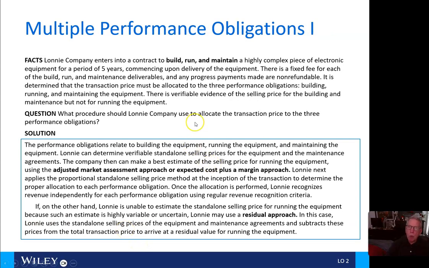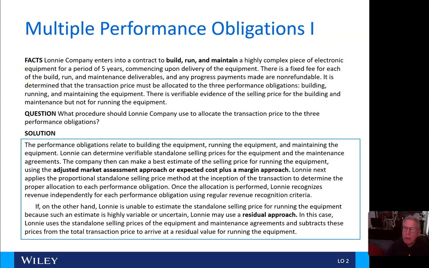Okay, here we'll take a look at multiple performance obligations. The Lonnie Company enters into a contract to build, run, and maintain a highly complex piece of electronic equipment for a period of 5 years, commencing upon the delivery of the equipment. There is a fixed fee for each of the build, run, and maintenance deliverables, and any progress payments are made non-refundable.